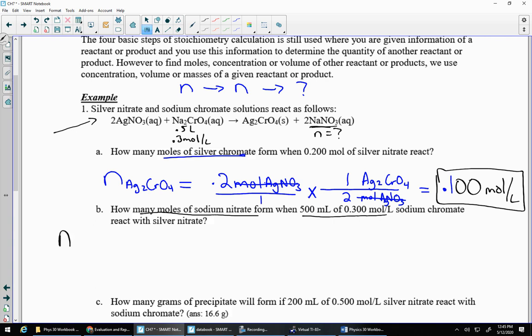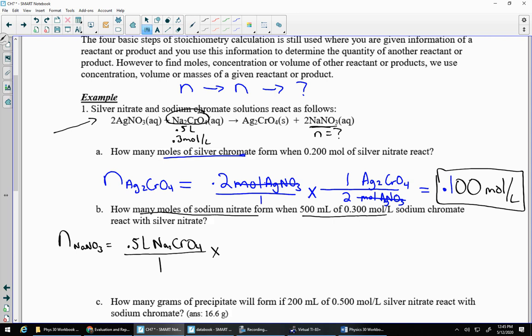My moles of NaNO3 is going to be equal to, and always start with the thing that you know information about. So that is my sodium chromate. It's going to be 0.5 liters of sodium chromate, Na2CrO4. Again, you can put that over a 1 if you want to.